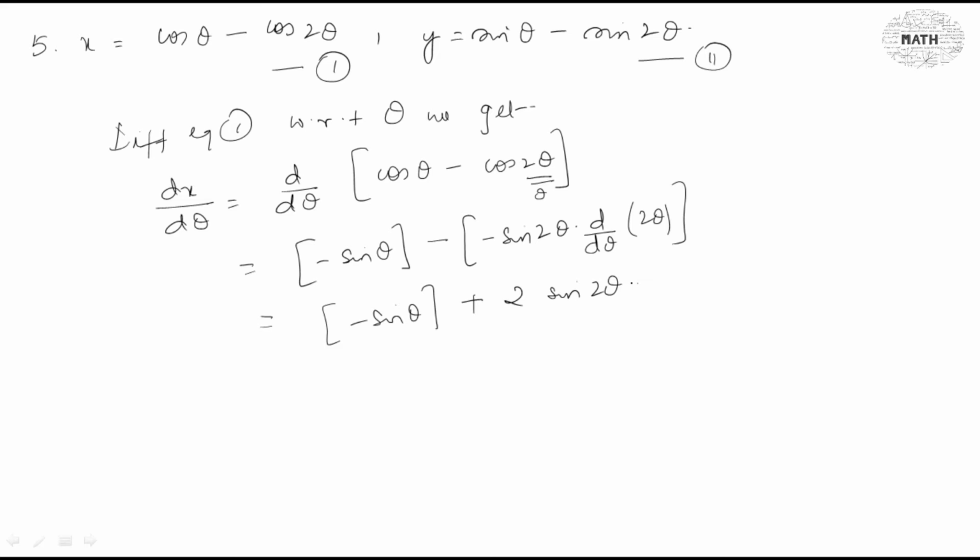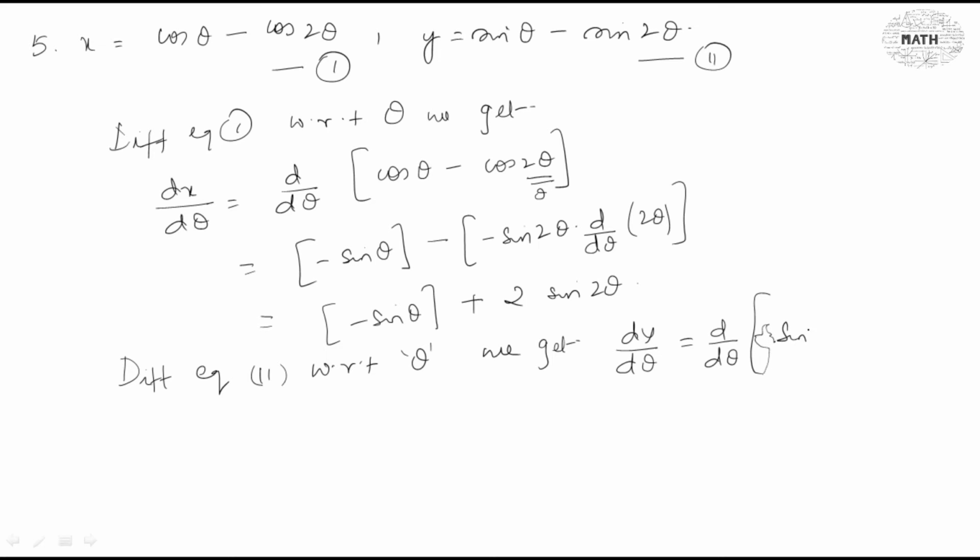In a similar way, differentiate equation 2 with respect to theta. If I differentiate equation number 2 with respect to theta, I'll get dy by d theta is equal to d by d theta of sine theta minus sine 2 theta.